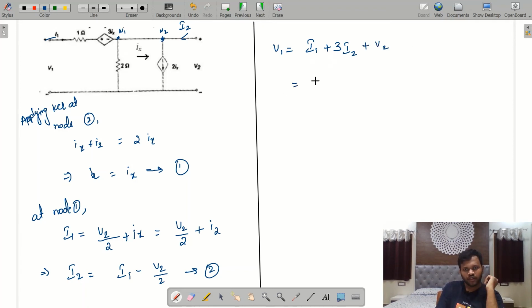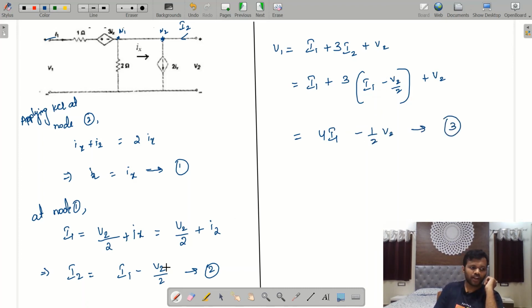I need to eliminate the I2 term, since in H parameters we write V1 and I2 as functions of I1 and V2. So I1 plus 3 into, in place of I2, I1 minus V2 by 2, plus V2, which equals 4 I1 minus 3 by 2 plus 1, that is minus 1 by 2 V2. This is equation 3.